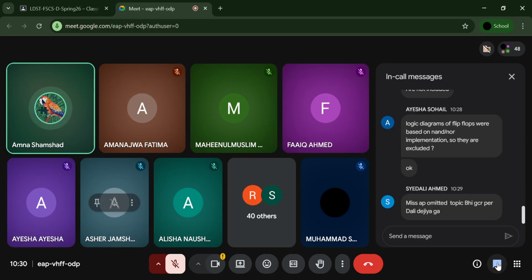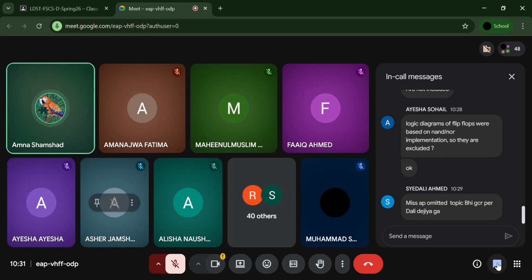I have shared documents with you for counters, for sequential logic, for registers, and for state diagrams. You can follow these topics, and the examples that we have done in class for these topics are also included. Okay. So in shift registers, all types of shift registers plus the universal shift register.